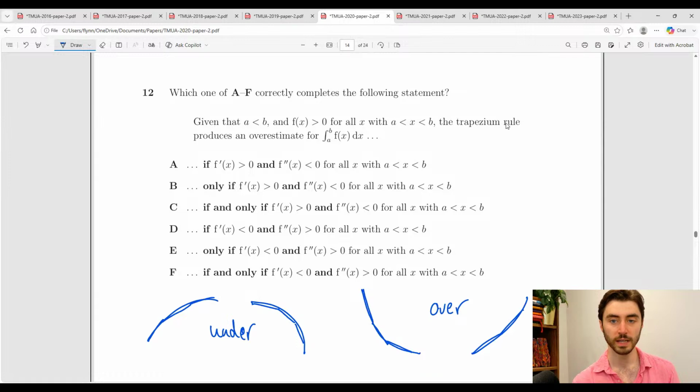So the trapezium rule produces an overestimate. Let's see. So gradient positive, and the gradients are decreasing. That is this first case. That produces an underestimate. No.